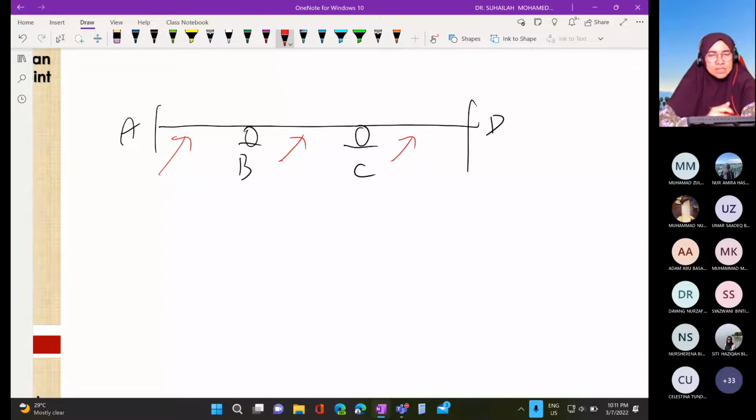If we have this condition, we use K equal to 4EI over L for all elements.